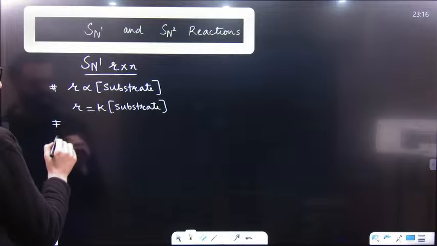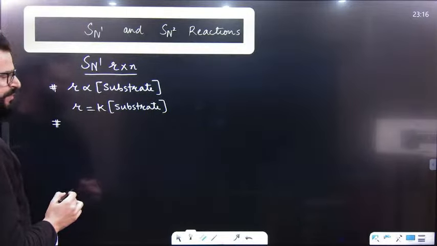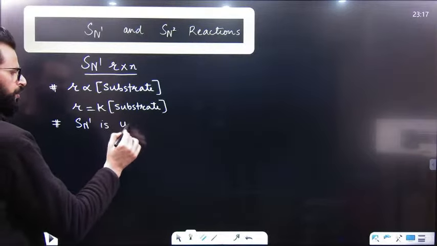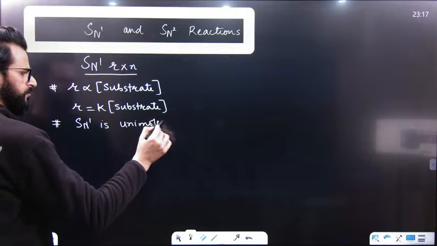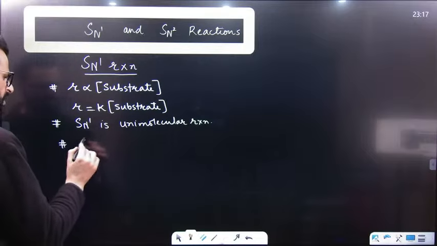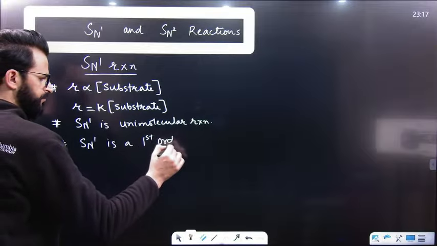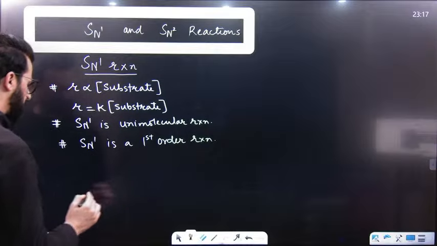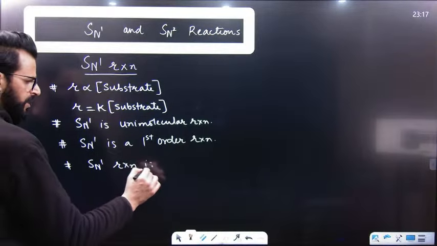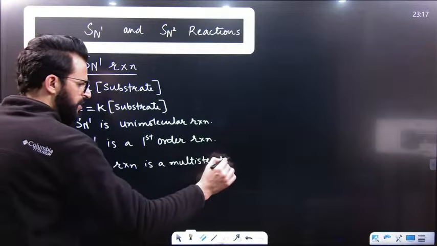Point number 2 is, from this rate law equation, or from rate being directly proportional to the molar concentration of the substrate, from these 2 points, it's clear that SN1 is unimolecular. SN1 is a unimolecular reaction and SN1 is a first order reaction. After that, remember, the SN1 reaction is a multi-step reaction. That means it gets completed in more than one step, generally in 2 steps.